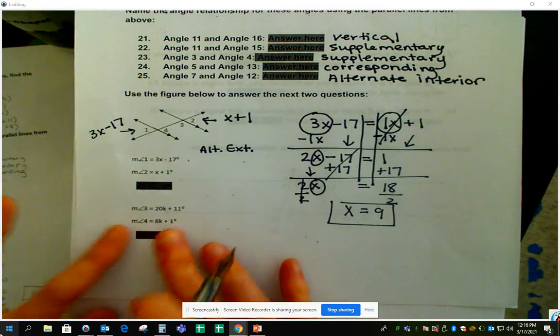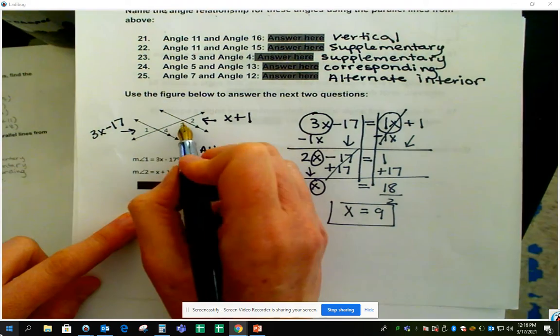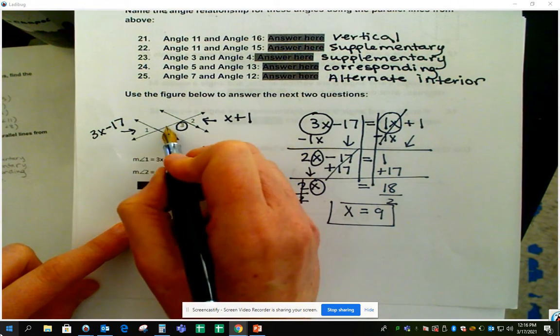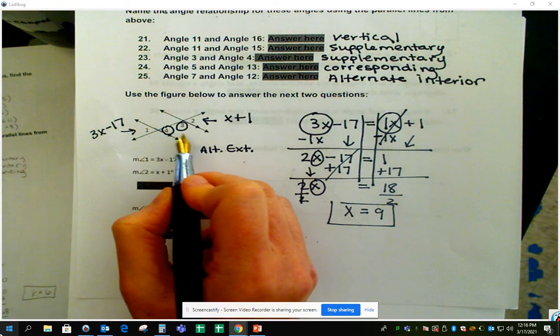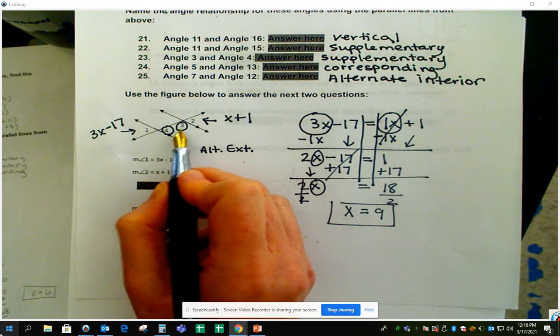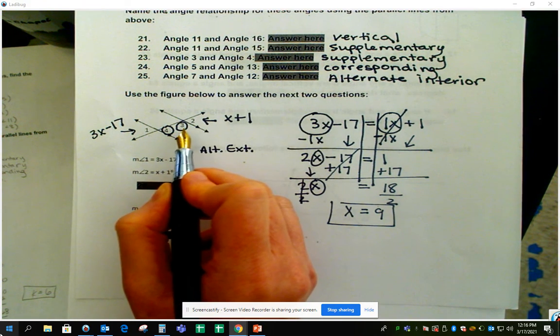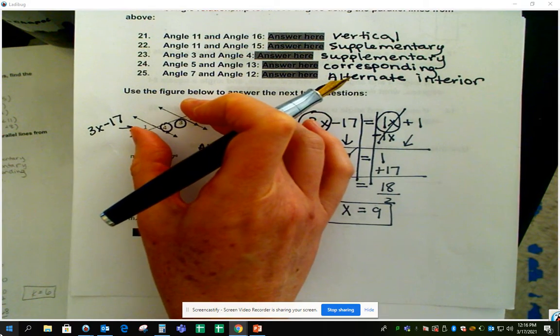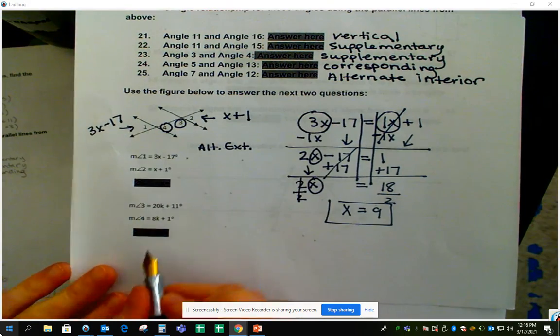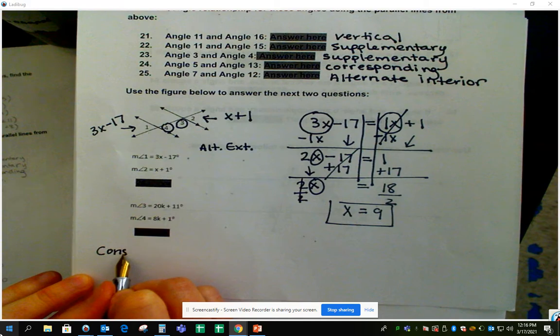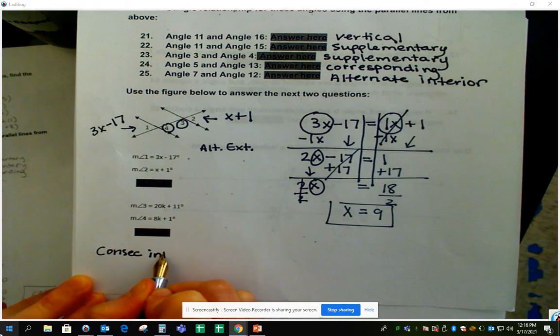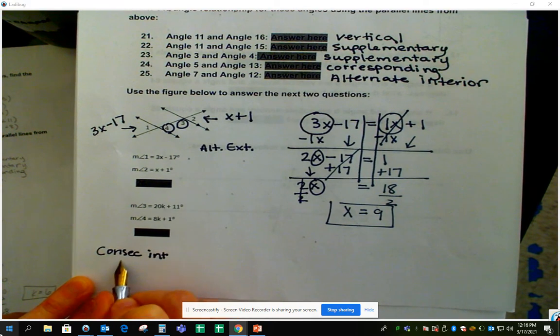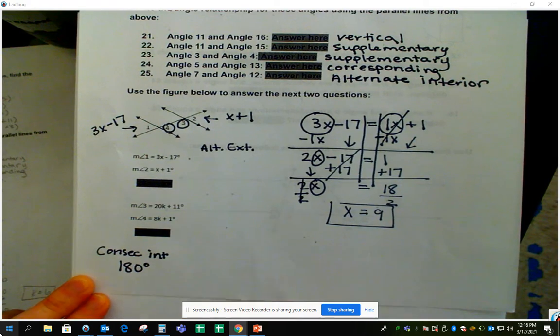All right, angle 3 and angle 4 are what we're looking at. Those are consecutive on the same side, interior, inside the parallel lines. So consecutive interior angles, remember, are supplementary. They add to 180.